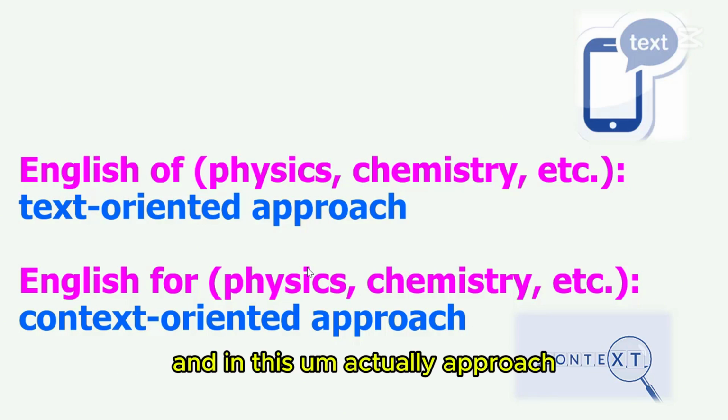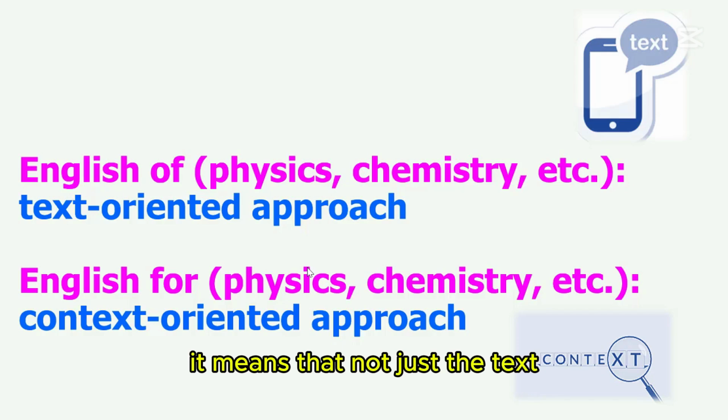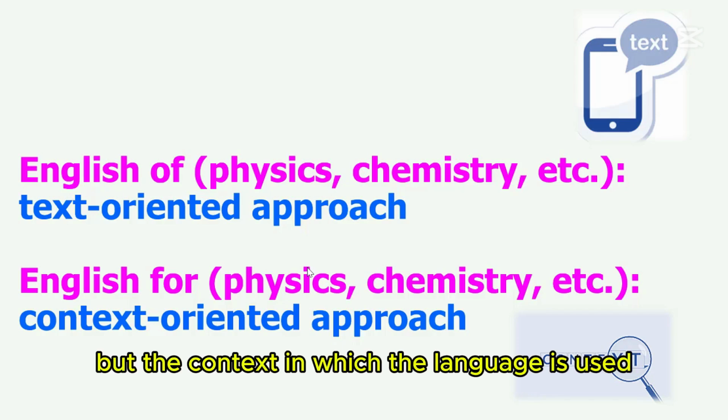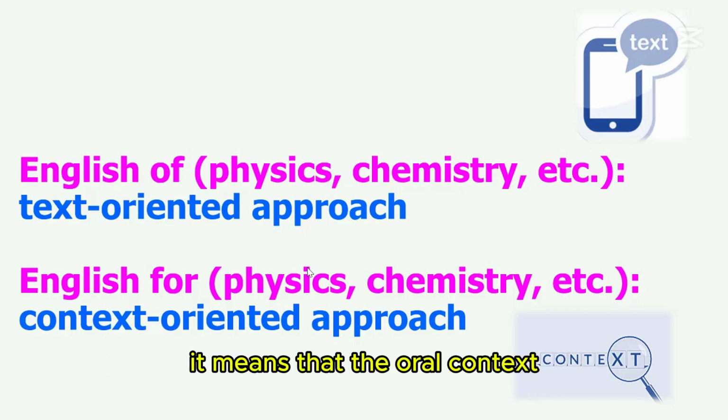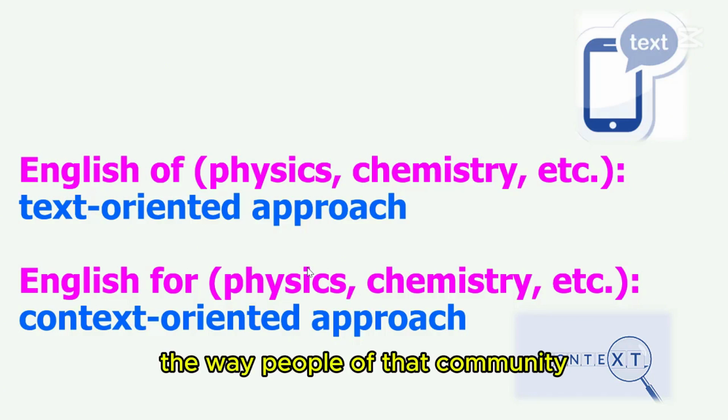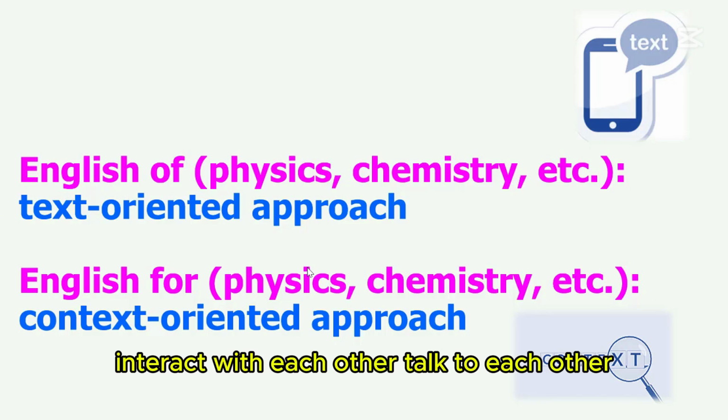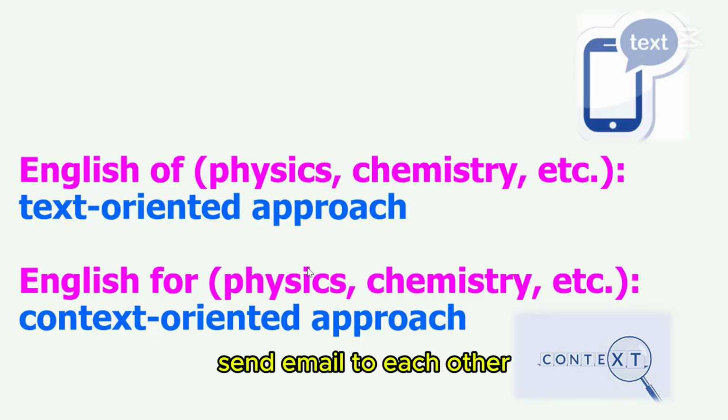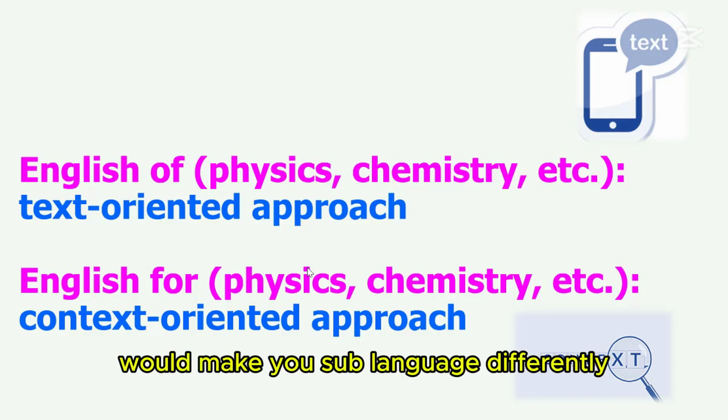And in this approach, we have a context-oriented view. It means not just the text, but the context in which the language is used. By context, we mean the way people of that community interact with each other, talk to each other, send email to each other, would make use of language differently.